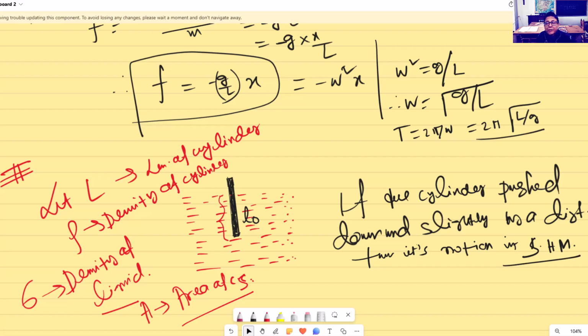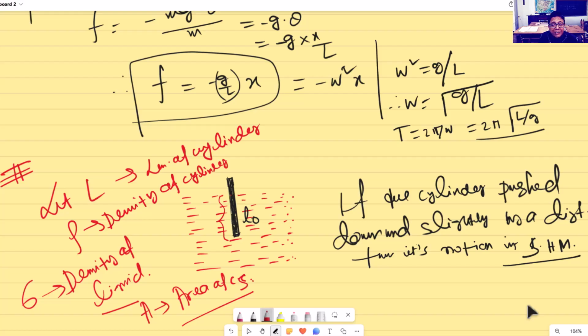If it is pushed slightly downward by distance x and then released, it can be proved that its motion, the vertical oscillation, is SHM.